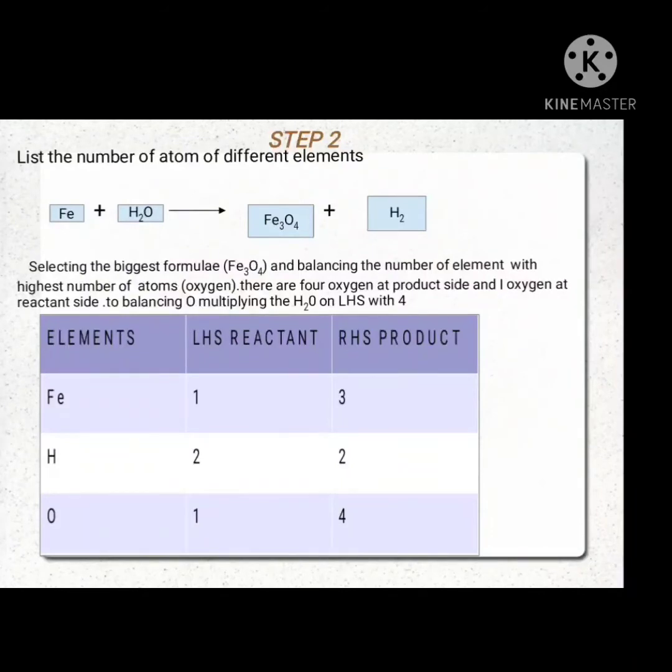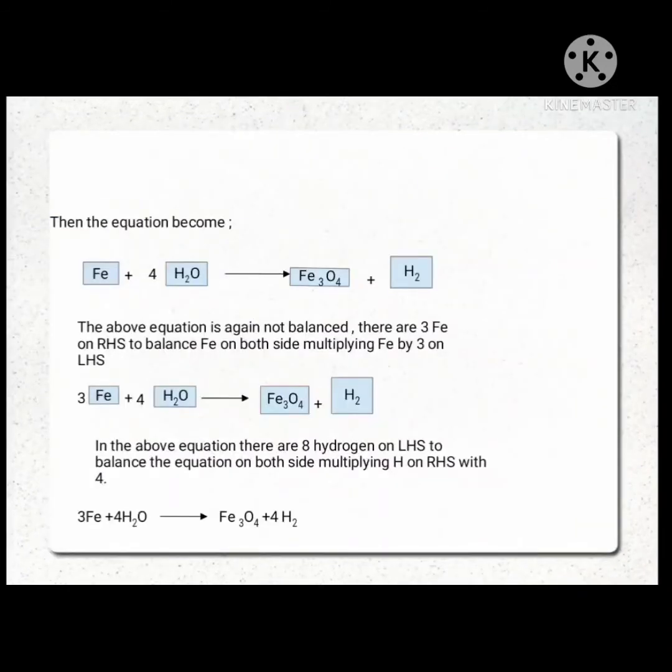So, in order to balance the oxygen atoms, we have to multiply the water, H2O, by 4 on the left hand side. The equation becomes Fe plus 4H2O gives Fe3O4 plus H2.